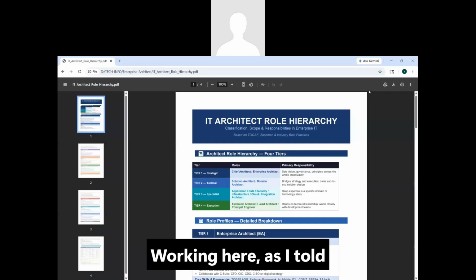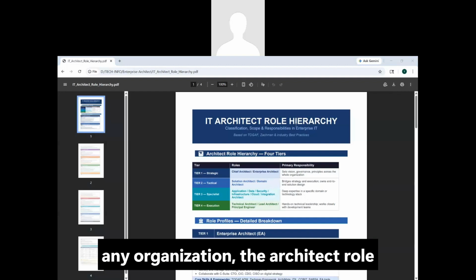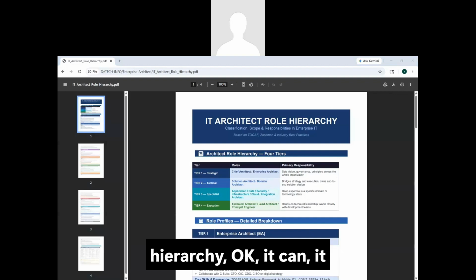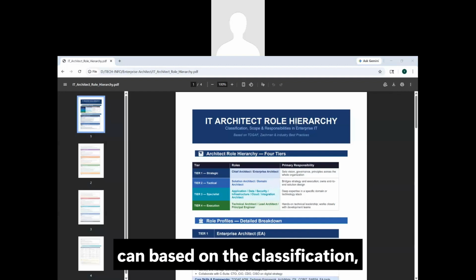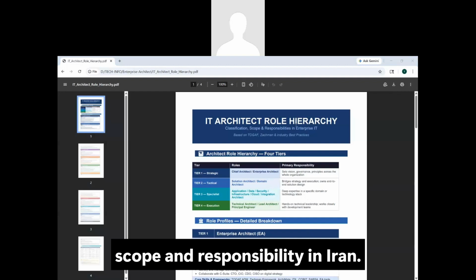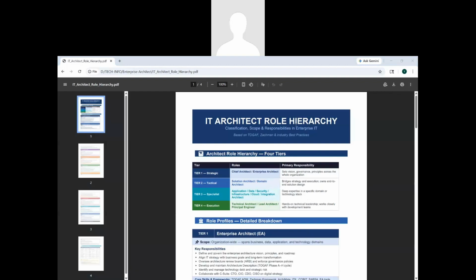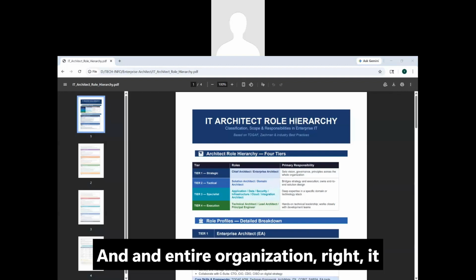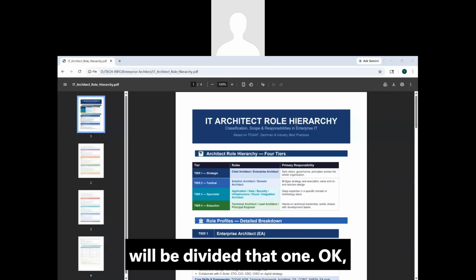As I told, there are four types of roles in the architect role hierarchy. It is based on the classification, scope and responsibility in the entire organization, and it is divided like that.